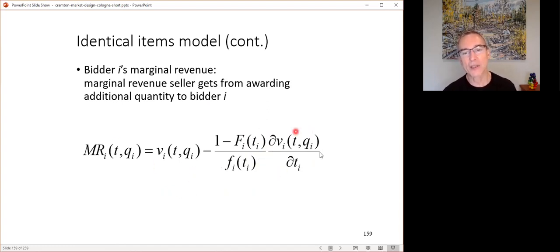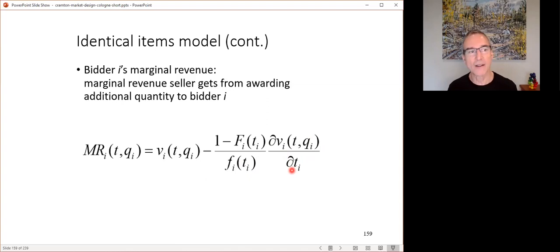And so the generalization of marginal revenue to this divisible good context is essentially the same as before, but now we've got this additional factor here, which represents how marginal value changes with changes in type. And that's the only thing that we have to do to represent marginal value.